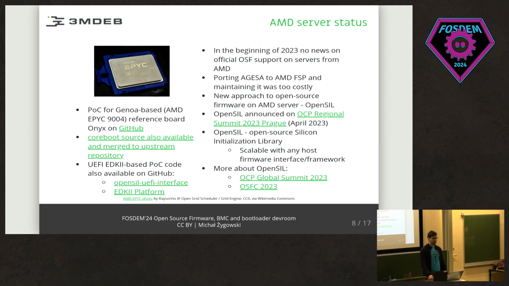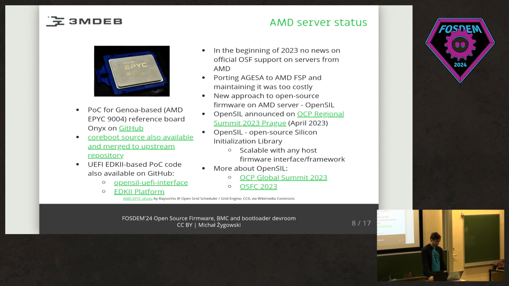So what they came up with is OpenSIL, which stands for Open Silicon Initialization Library, which is fully open source silicon initialization code for AMD servers. This project was announced at OCP Summit in Prague last year.